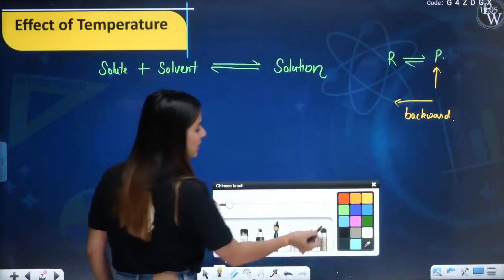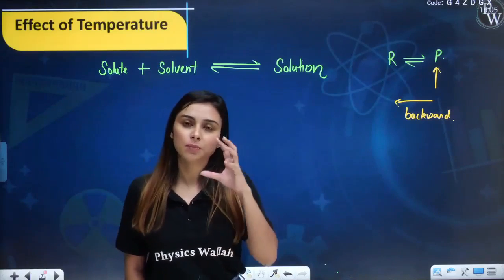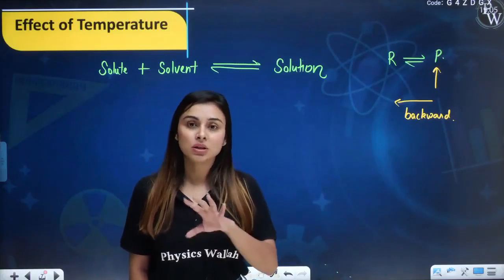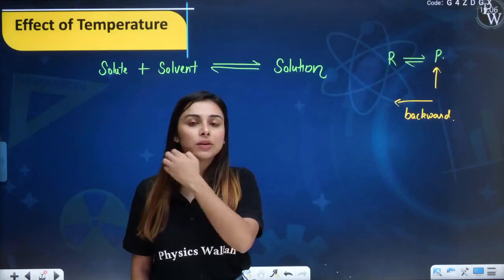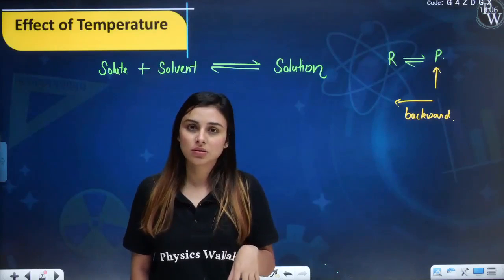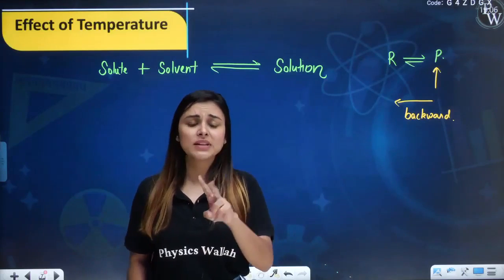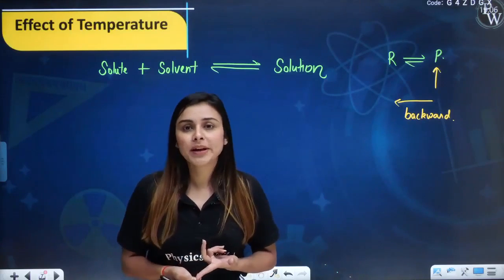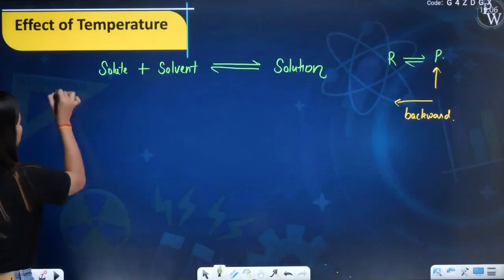There are two possibilities. If you're trying to make a solution, if you're trying to dissolve a solute into a solvent, then what will happen? Two possibilities, ma'am. Either the reaction could be endothermic or the reaction could be exothermic, right? Yes. So let's take both the examples.